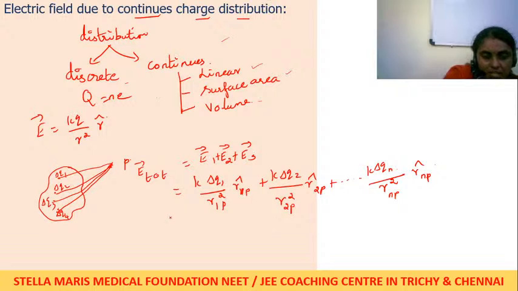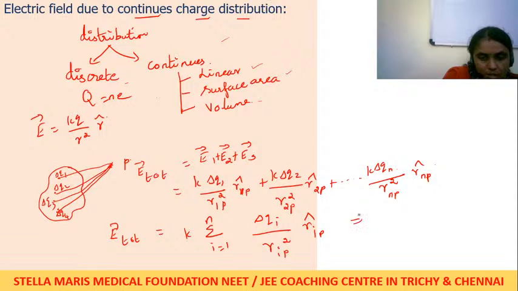Taking this as a summation, E total equals k into summation i equal to 1 to n del qi divided by rip squared rip cap. We can also rewrite this as E vector equals k integral of del q divided by r squared into r cap.